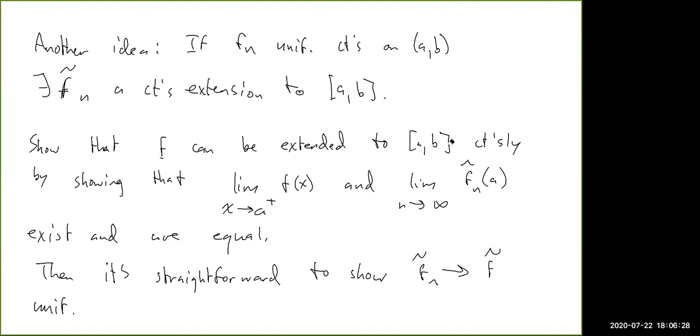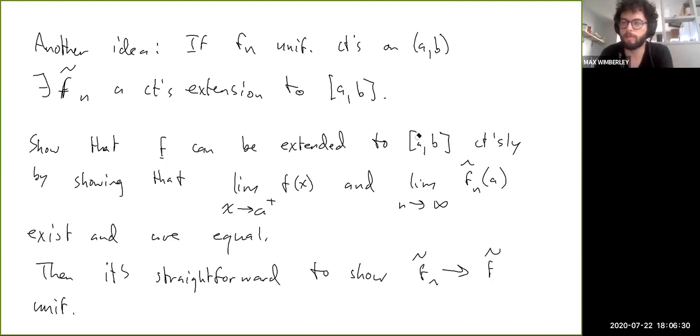Because once you extend it, you end up with a continuous function on the closed interval [a, b], and any continuous function on a closed interval is automatically uniformly continuous. So once you restrict it back to the open interval, the restriction also has to be uniformly continuous.